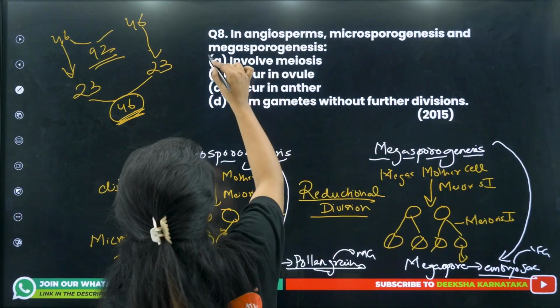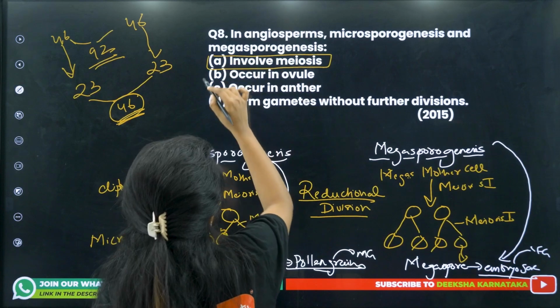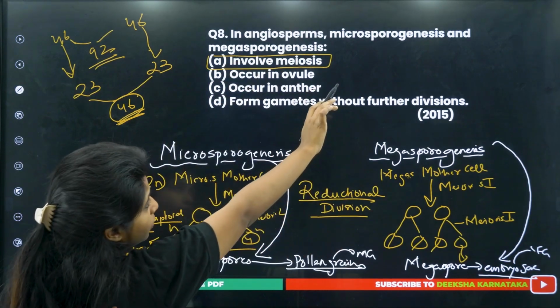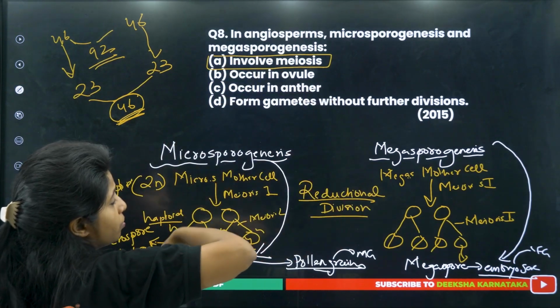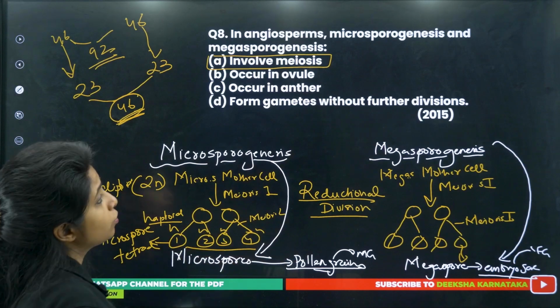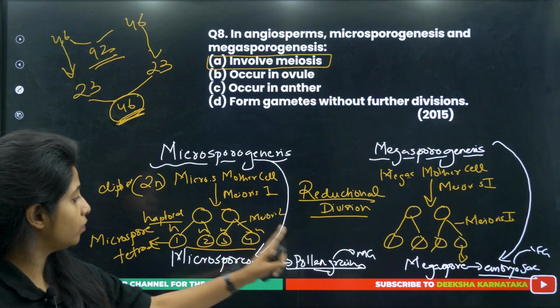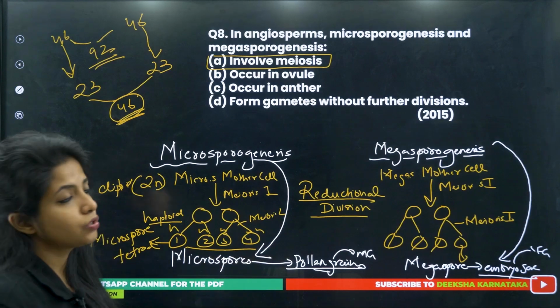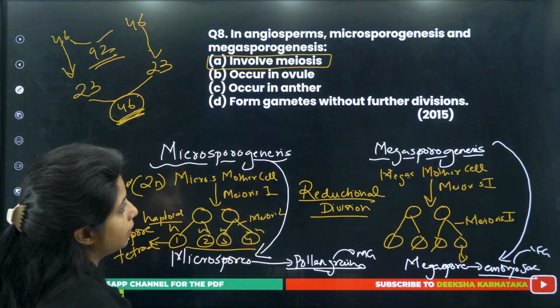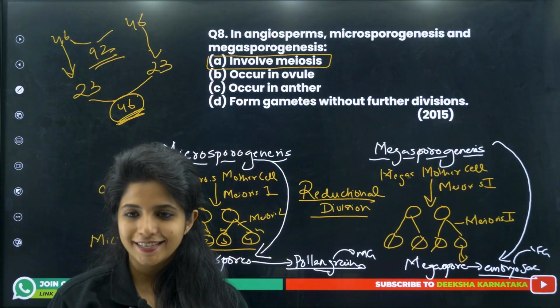So this is the correct answer, involves meiosis. Megasporogenesis will occur in the ovule, microsporogenesis will occur in the anther. Form gametes without further division, no, both of them will undergo further division. So this is the correct answer. 2015 question.